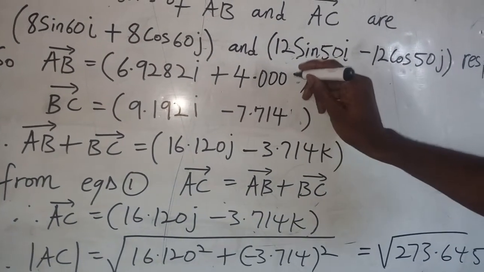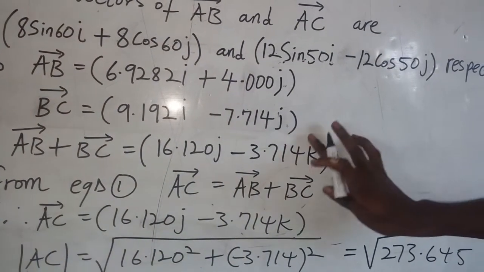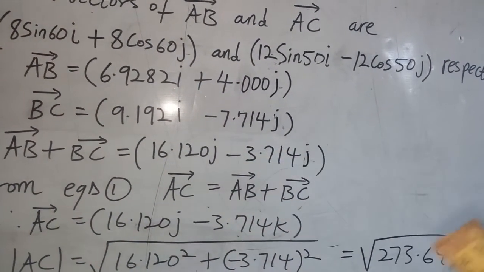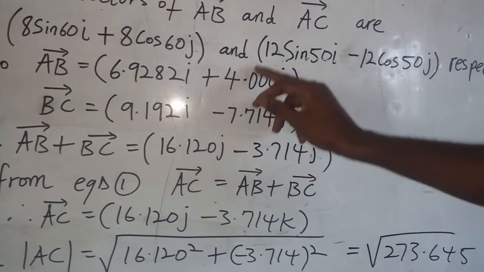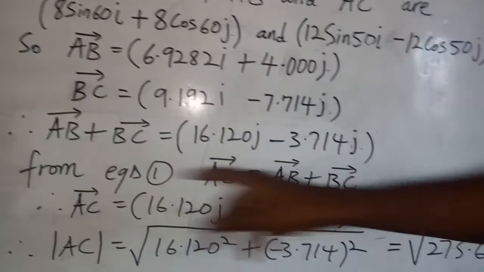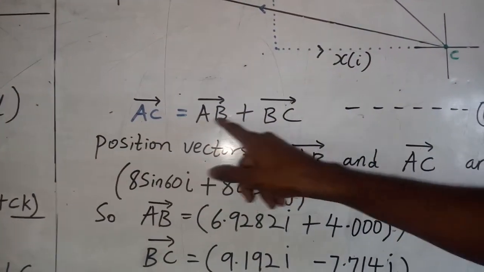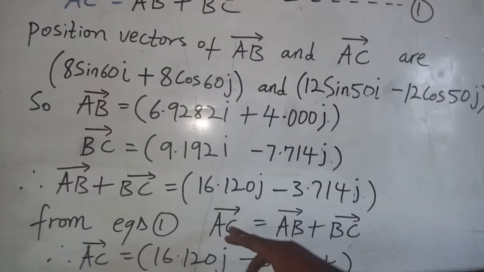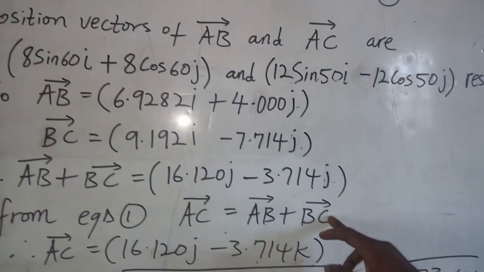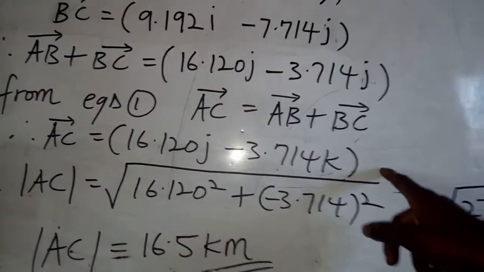This is not k, this is j, because it is not three dimensions but two dimensions. So once you sum this, you have this. Now we have that AB plus BC is this. Equation 1 already told us that AC is equal to AB plus BC, which we got as this. Now we have AC is equal to this.